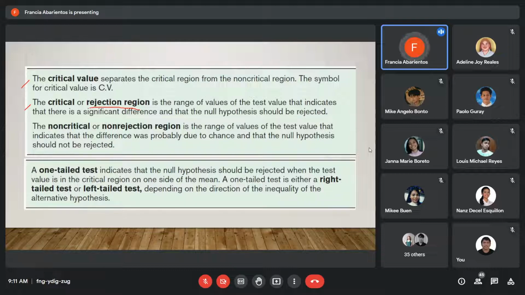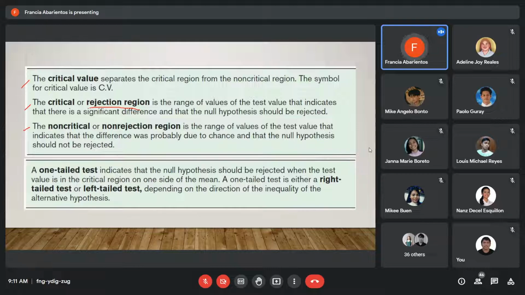The critical region is the range of values of the test value that indicates that there is a significant difference and the null hypothesis should be rejected. While the non-critical region is the range of values of the test value that indicates the difference was probably due to chance and the null hypothesis should not be rejected. Okay.